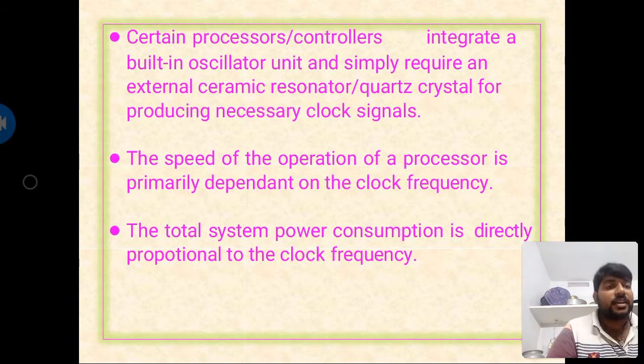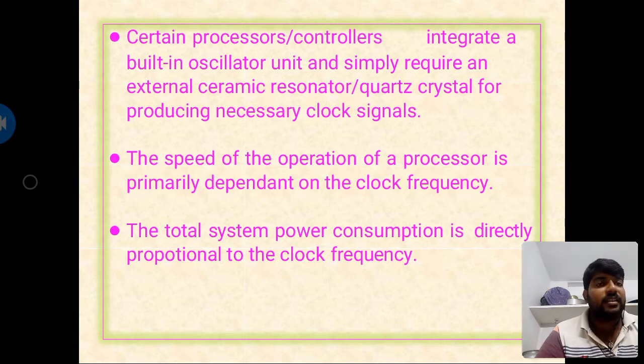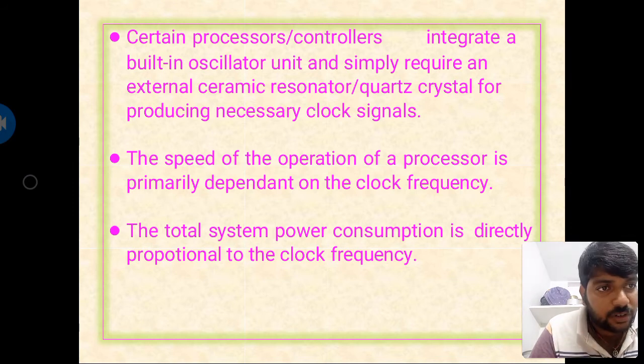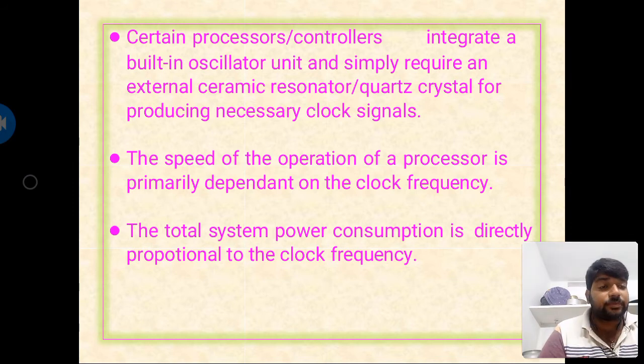Certain processors or controllers have a built-in oscillator circuit, while others require an external crystal for providing the necessary clock signals. The clock signal indicates the speed of the processor or the controller.